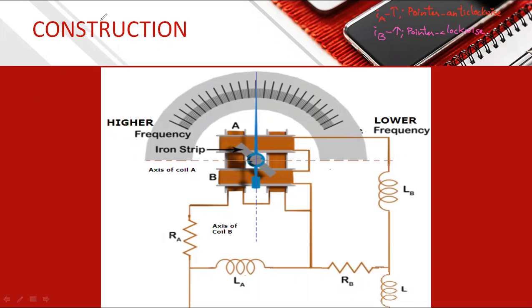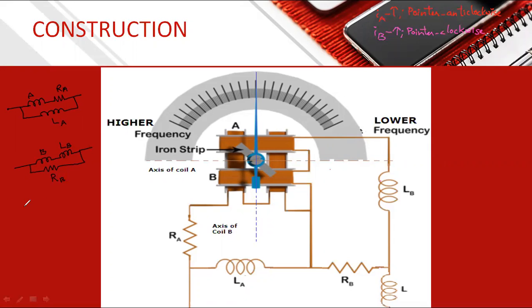So for coil A, this is coil A in series with RA, and we have LA. And this is coil B in series with LB. And we have this whole connected across RB.